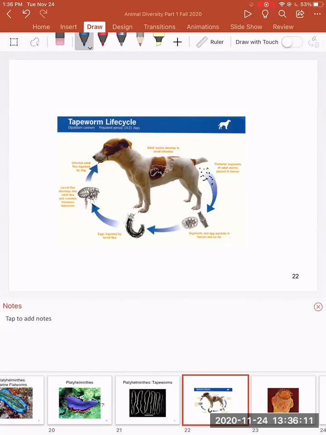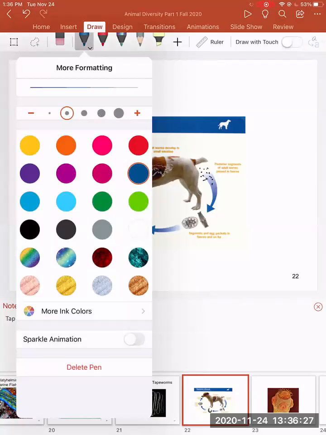So the flea is the intermediate host, and the dog is the definitive host. There are two terms associated with that. It could be called the definitive host or the determinate host.